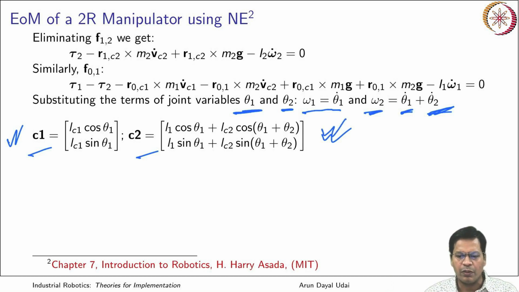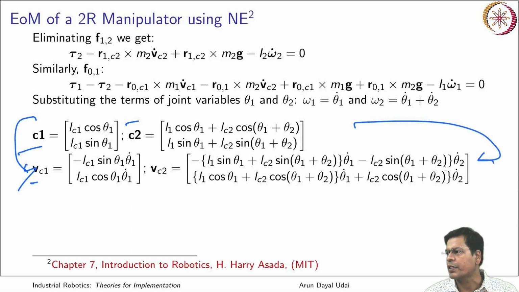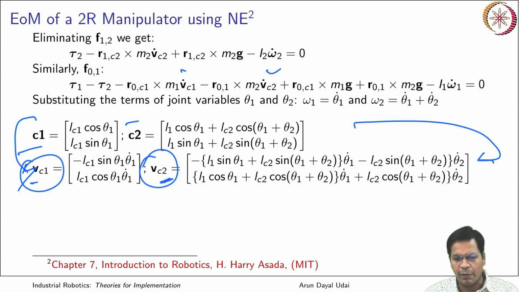So these are variable locations. Now I can calculate the velocities by taking differentials of this. You take the derivative with respect to time. So from this you can obtain this, and from this you can obtain this. Got it? And similarly I can also obtain the acceleration by taking the double derivative of this.